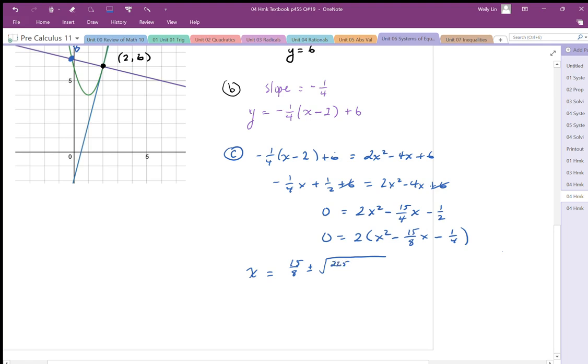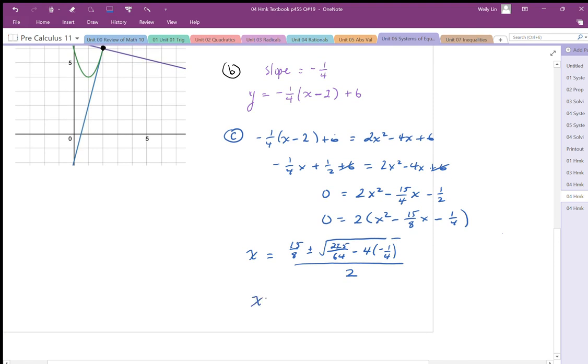I get 225 over 64 minus 4 times a times c, which is negative 1 over 4. So it's going to be plus 1, and that's all over 2. That's going to be 1 over 4.